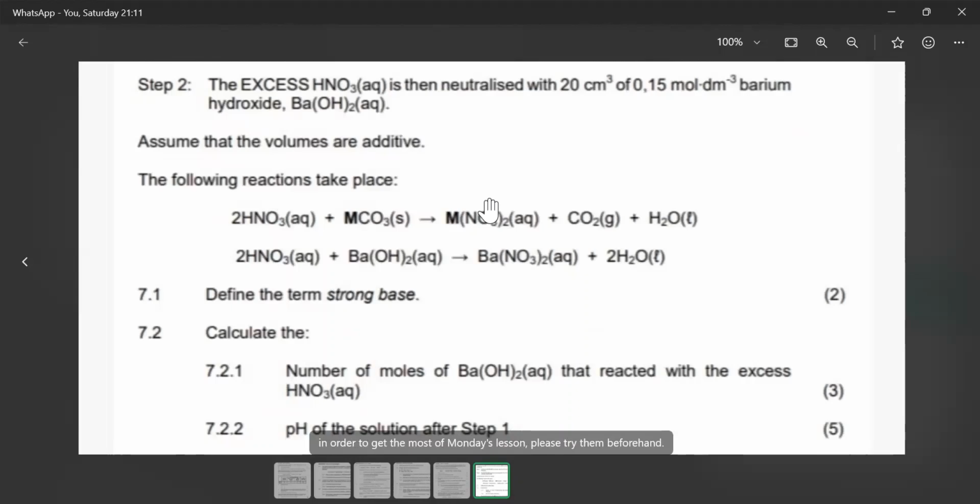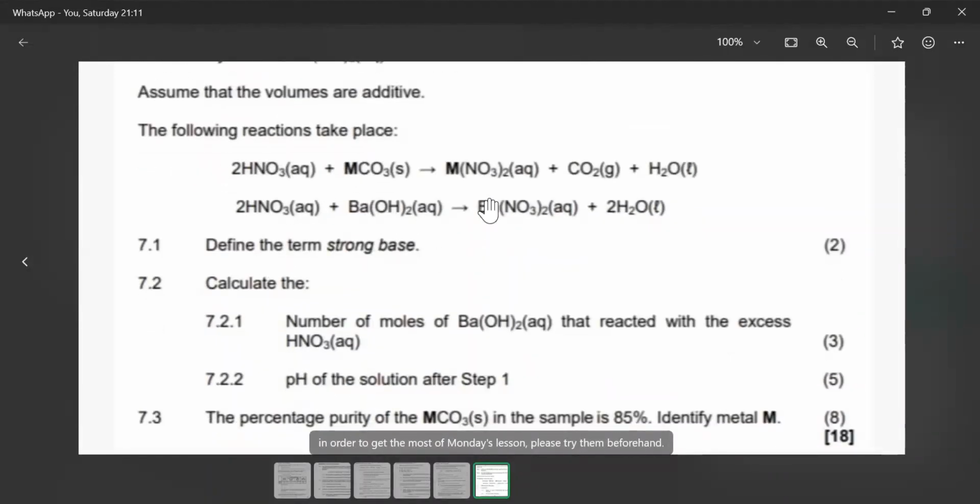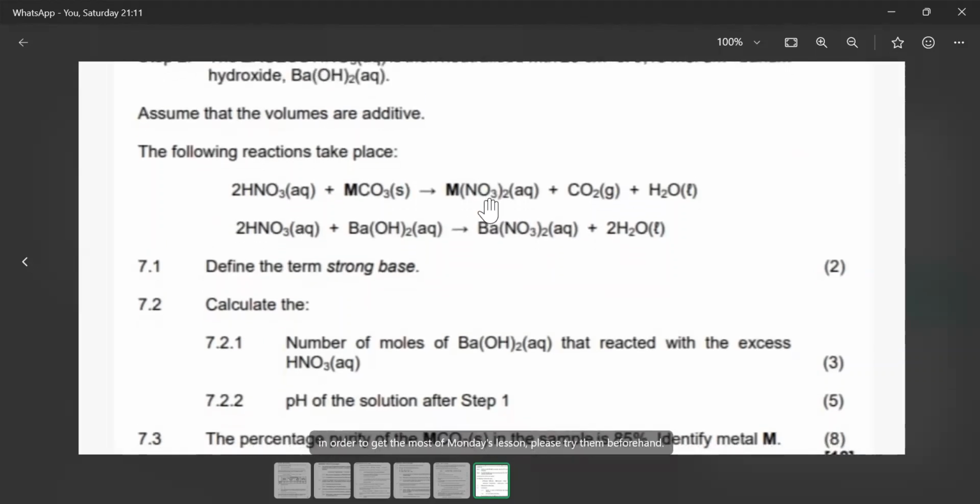Then the first one says we need to define a strong base. Well, you can do that. And they're asking us to calculate the number of moles of barium hydroxide that reacted with the excess nitric acid. Okay, well, let's quickly do that.